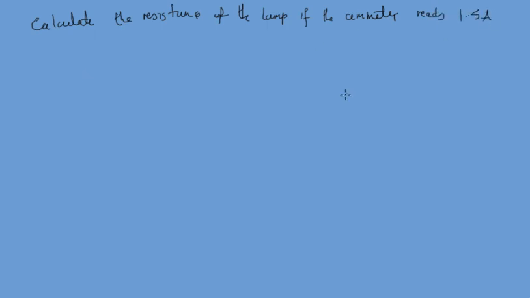So we've got an ammeter, we've got a lamp, we've got 12 volts, and it's an AC supply because we've got a wee wiggly line here, so it's an alternating supply.